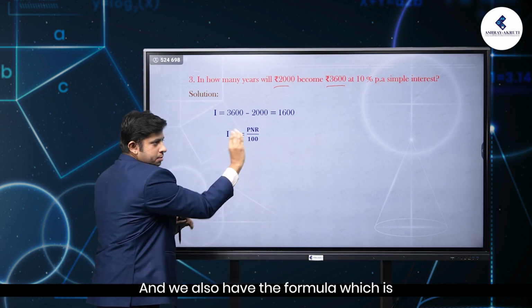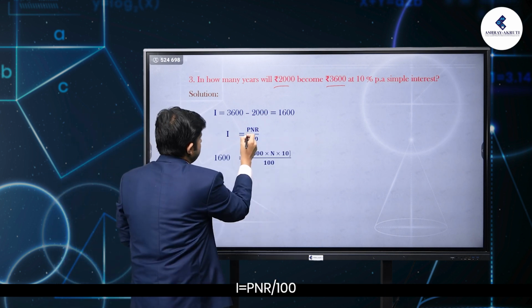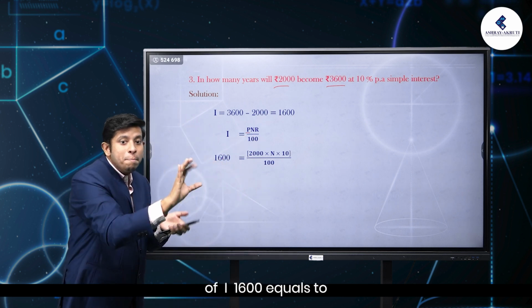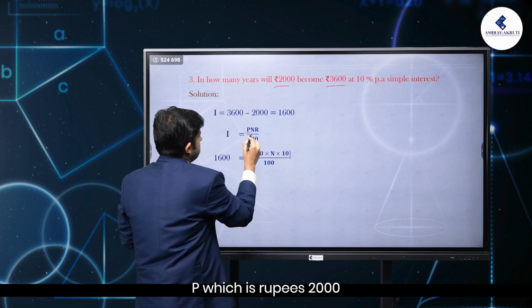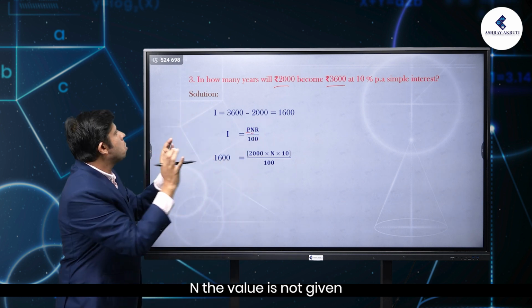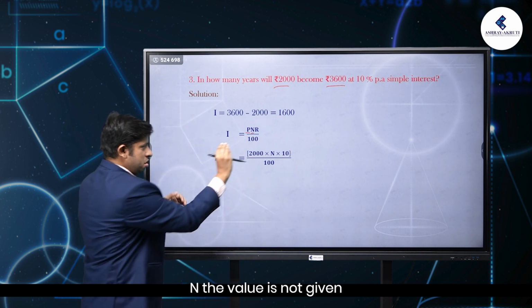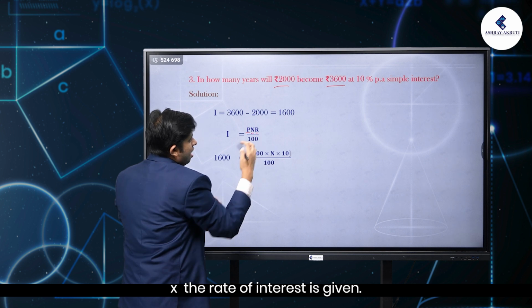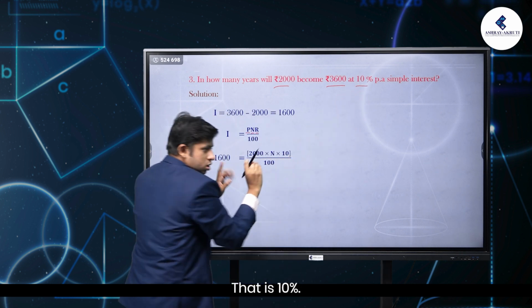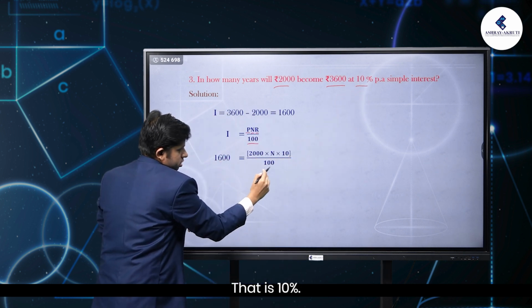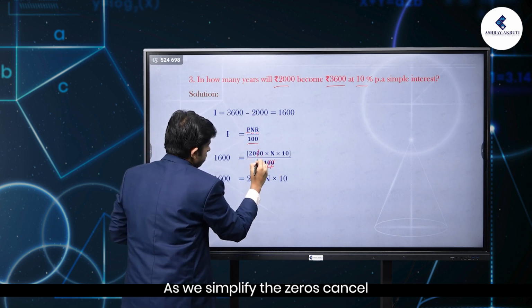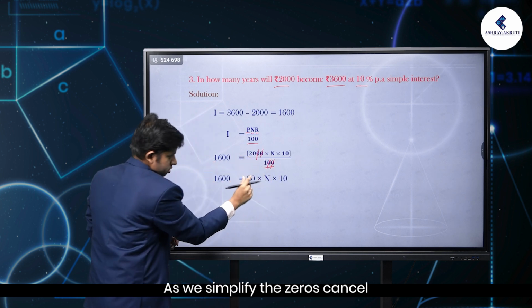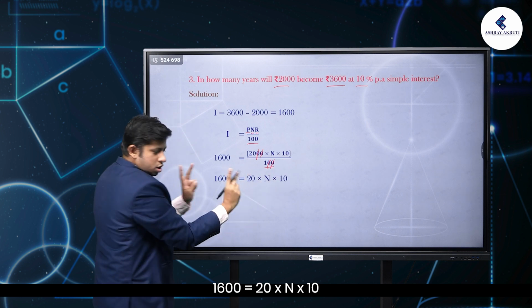And we also have the formula, which is I equals PNR by 100. Now replacing the values, 1600 equals P, which is rupees 2000, into N, the value is not given, into rate of interest, which is 10%. As we simplify, the zeros cancel. 1600 equals 20 into n into 10.